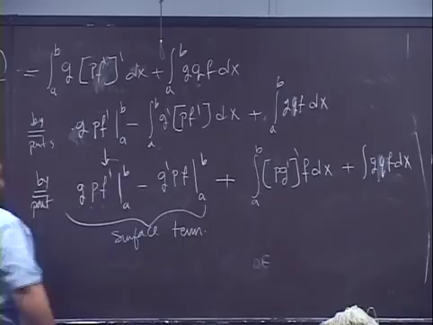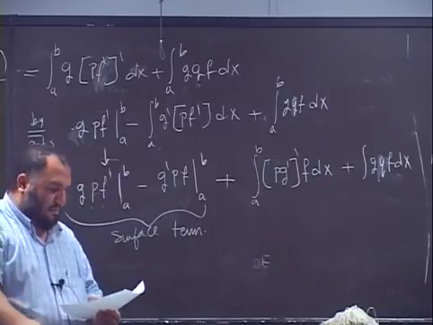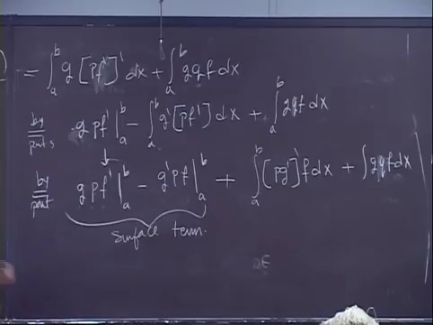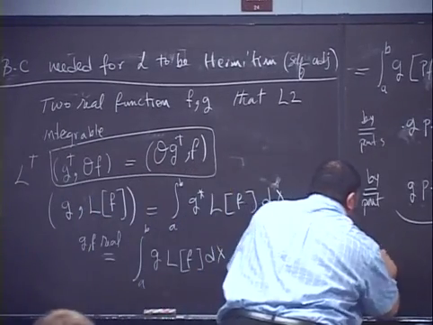We call it the surface term. This is just the first part here. Yes? What you see here is the first part. So all of this must equal the second part. Yes? And what must this equal?